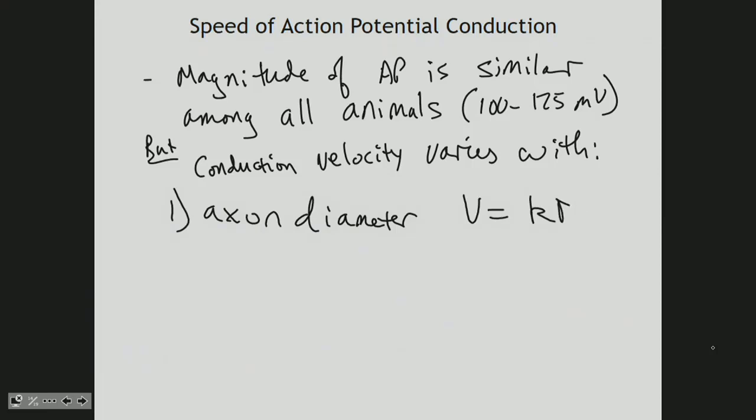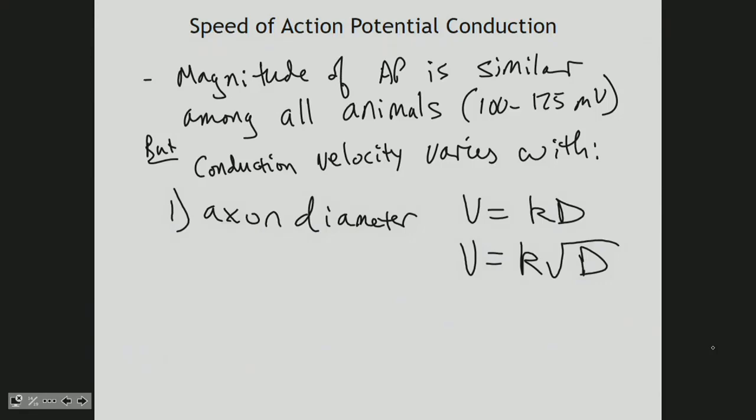V equals K times D is one of them, where V is velocity, K is a constant, and D is the fiber diameter. And the other relationship is V equals K times the square root of D. Again, K is a constant and D is the fiber diameter.